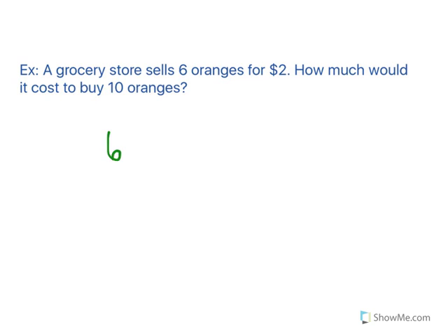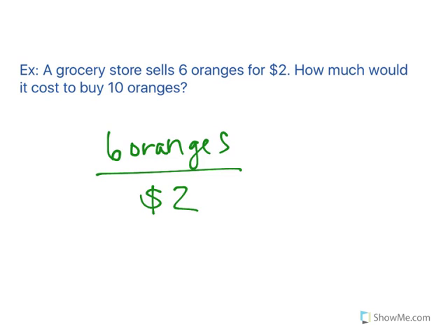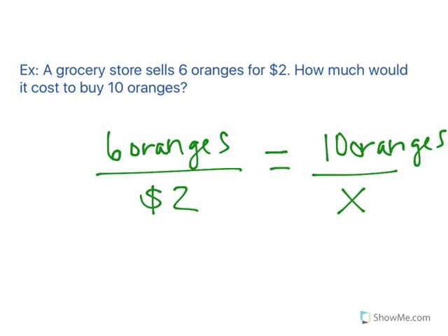So we can say 6 oranges for $2. We want to know how much it would cost for 10 oranges. Notice I put both the oranges in the numerator. We can do that fish method because there's no common relationship between the 6 and the 10. So we can't simplify anything here, or say how do we go from 6 to 10.